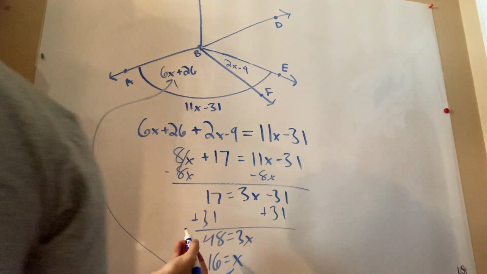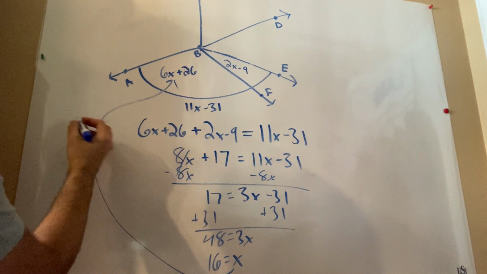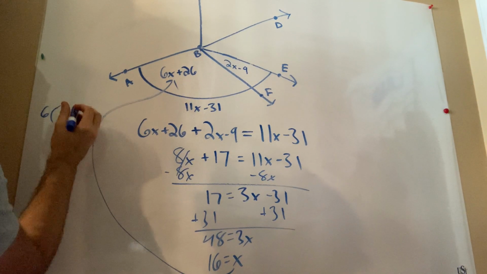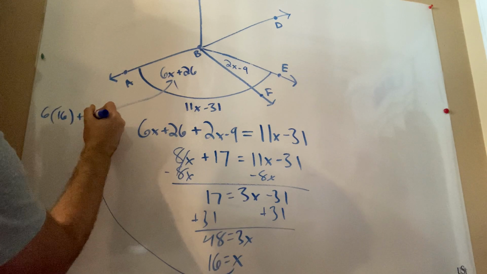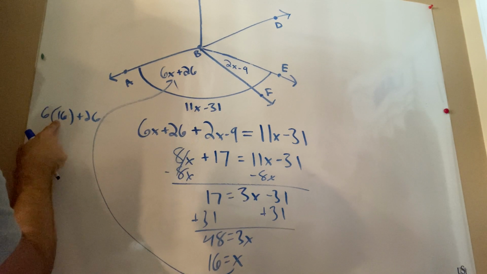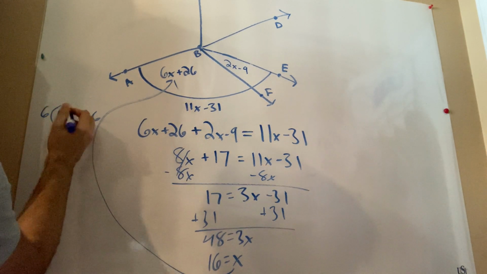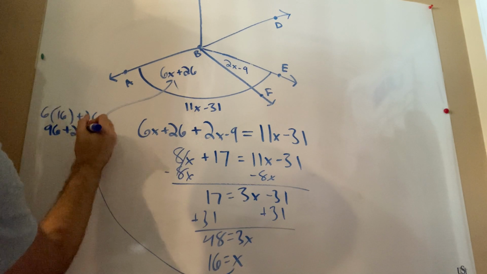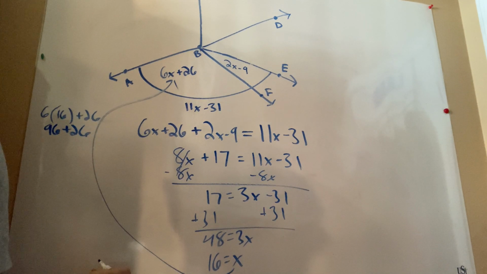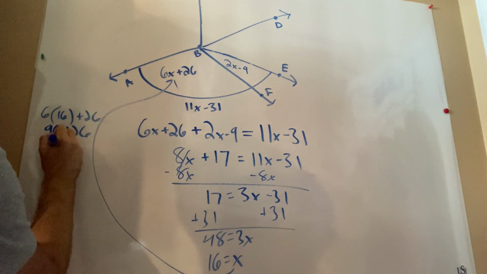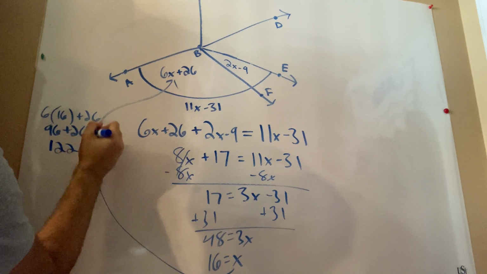So just showing that for a moment, I would have 6 times 16 plus 26. So 60 and 36, that makes 96 plus 26. 96 and 26 make 122.